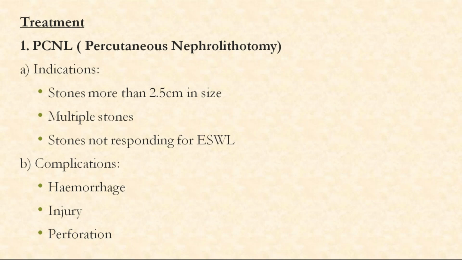And when they are not responding to ESWL, extracorporeal shock wave lithotripsy, when they are not breaking down, you can do PCNL. There are also certain complications like hemorrhage, where the patient may have hematuria, or kidney injury or perforation. In such conditions also, you should do PCNL.